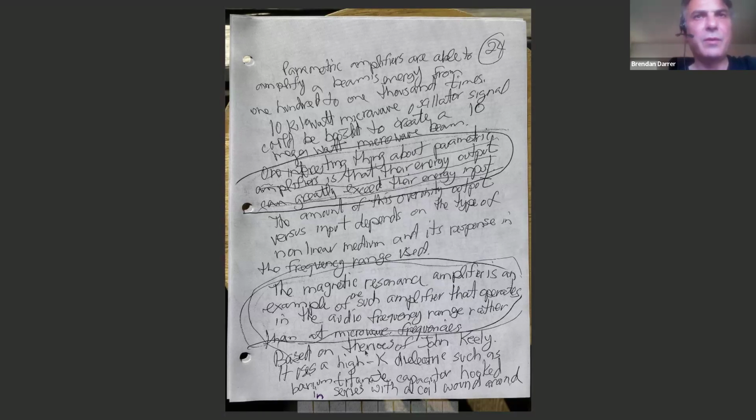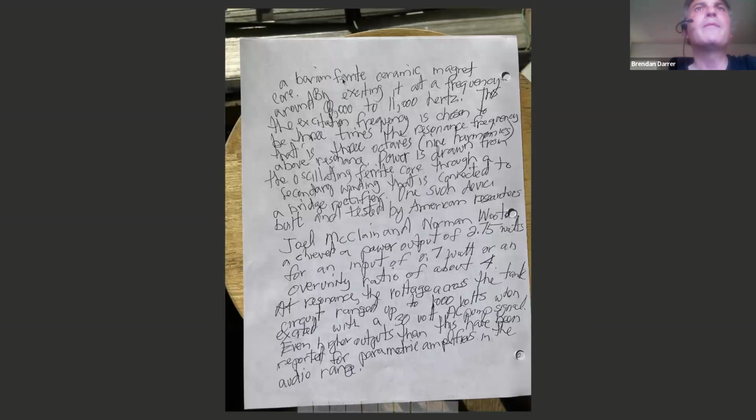Based on theories of John Keely, it uses a high K dielectric such as a barium titanate capacitor hooked in series with a coil wound around a barium ferrite ceramic magnetic core, excited at a frequency around 8,000 to 11,000 hertz.